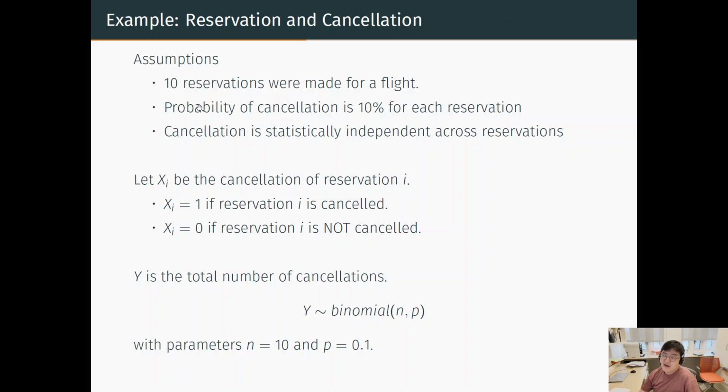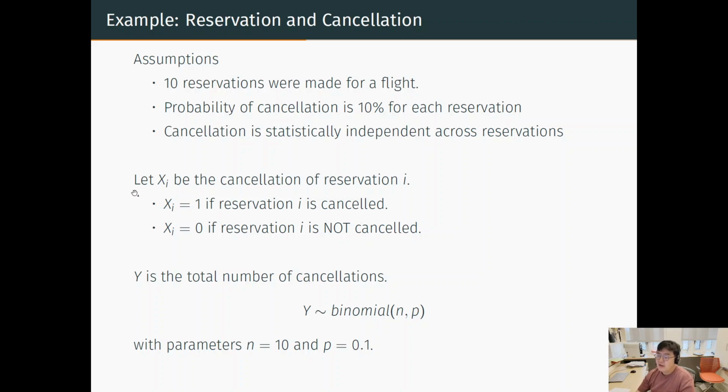And I simplify that the probability of cancellation is 10%, which is maybe greater than the real probability. But suppose it is 10% for each reservation. And I additionally assume that cancellation is independent across reservations. So even if the first reservation is canceled, it does not affect the other reservations. So they are happening independently.